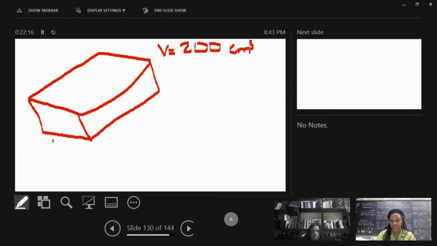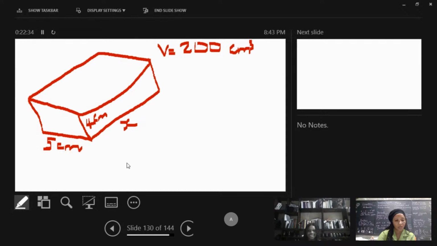The width is 5 centimeters and the height is 4 centimeters. So, what is the length?